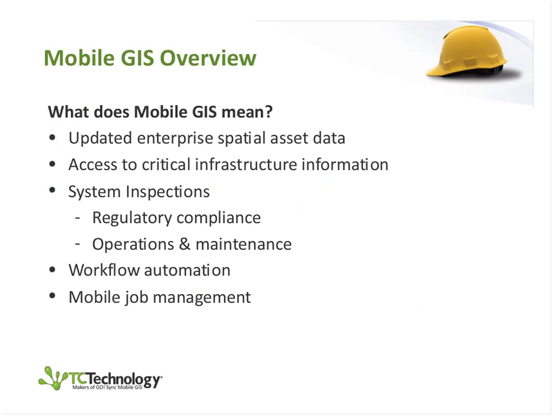And then building on top of that, the ability to perform system inspections so that you can maintain the health of that network, make sure that you're meeting all of your regulatory compliance needs, and that you're keeping the assets that are installed in the field in good working order.